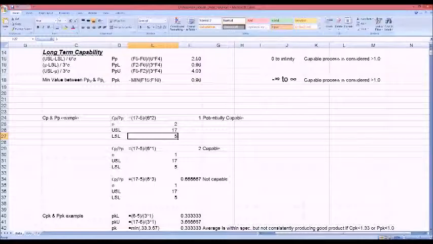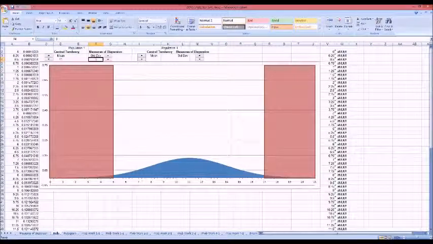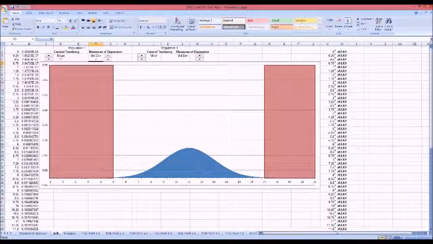I'm going to plug in my standard deviation of 2. Here you can see my distribution, my bell curve, and my upper and lower spec limits in red. Anywhere this blue part falls in red, that means it's not conforming. I have it currently centered in the process, and that's fine.